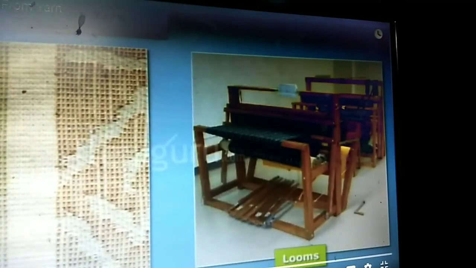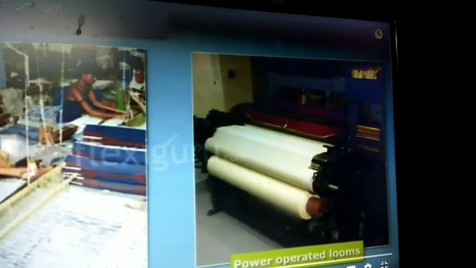Looms are of two types: hand-operated looms and power-operated looms. Let us learn weaving. You also can make a mat with a few thin ropes. Take a few ropes of yellow and blue color. Weave the yellow and blue strips one by one as shown. Similarly, two sets of yarn are woven to make a fabric.